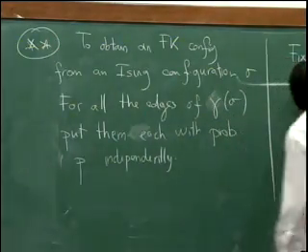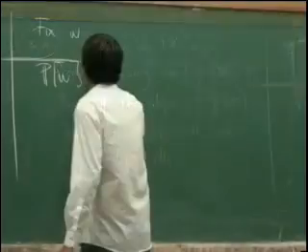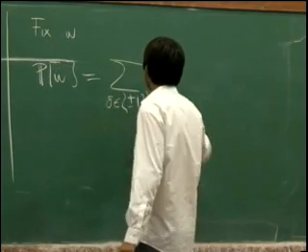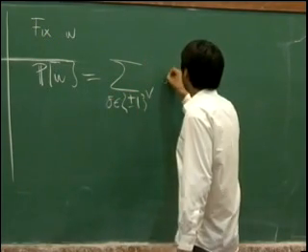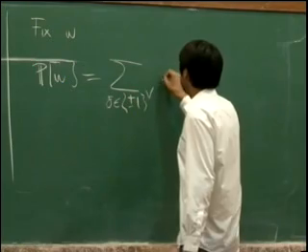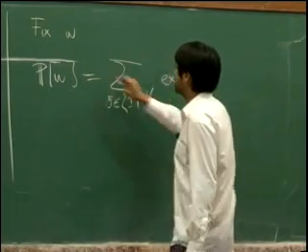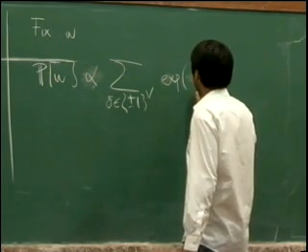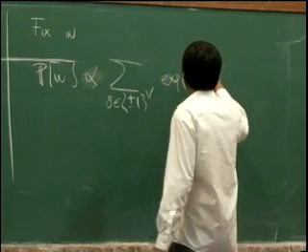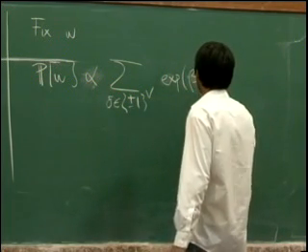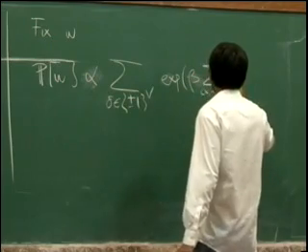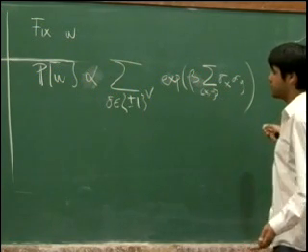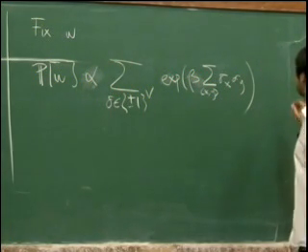The probability to get omega is the sum over all the spin configurations of, same as before, I'll just write this because it makes things proportional, the exponential of beta times the sum over all the edges of sigma x sigma y, of the probability.